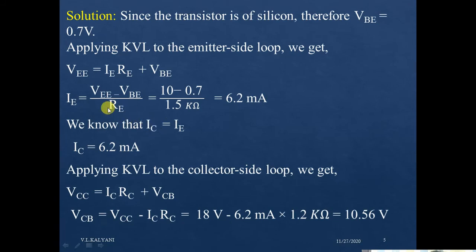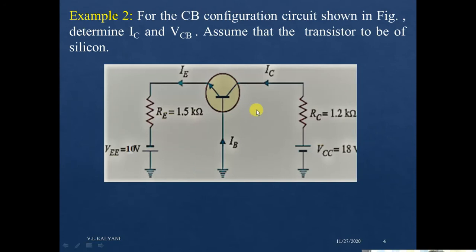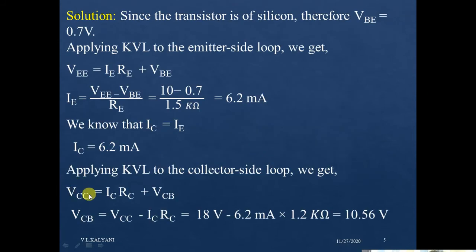And as you know, the collector current is also equal to the emitter current in the case of a transistor. So IC is also equal to 6.2 milliampere. Now applying the KVL to the collector side loop. So this is your collector side, and after applying the KVL, the equation will become VCC is equal to IC into RC plus VCB.